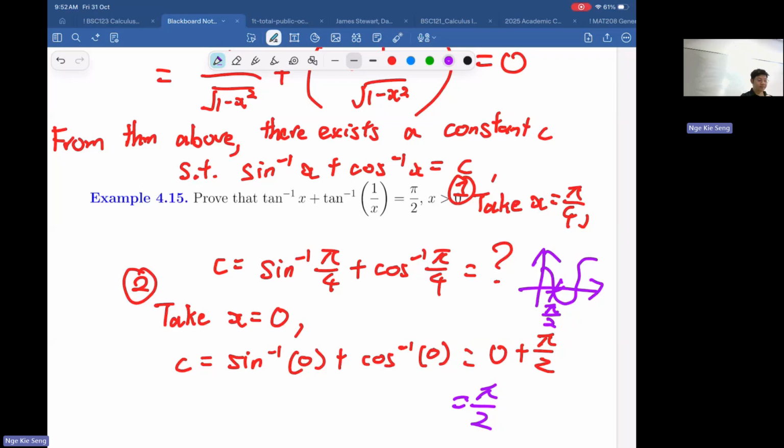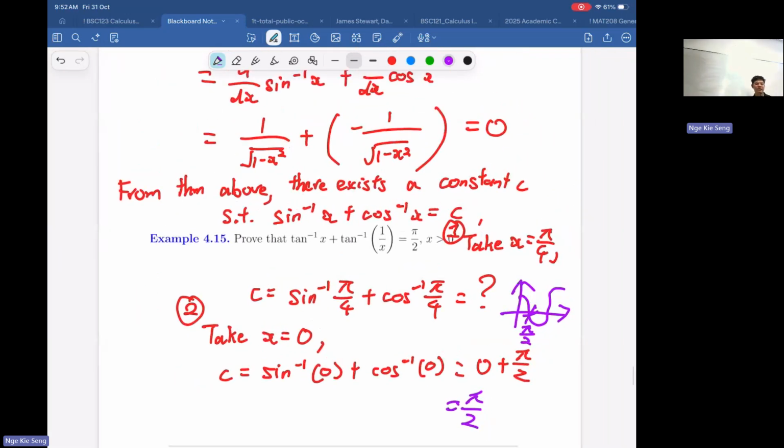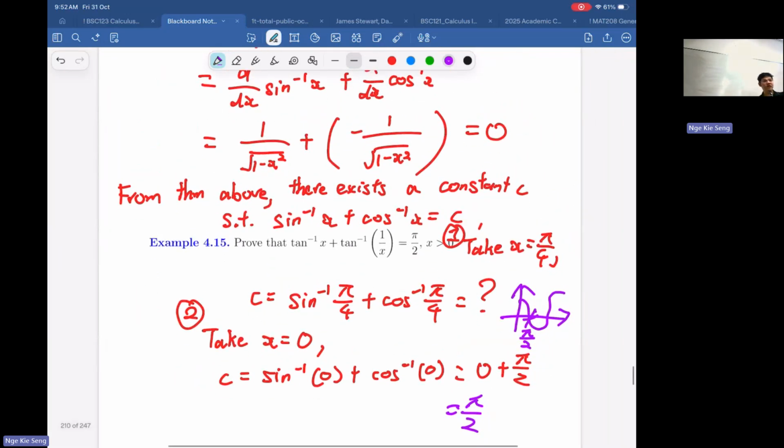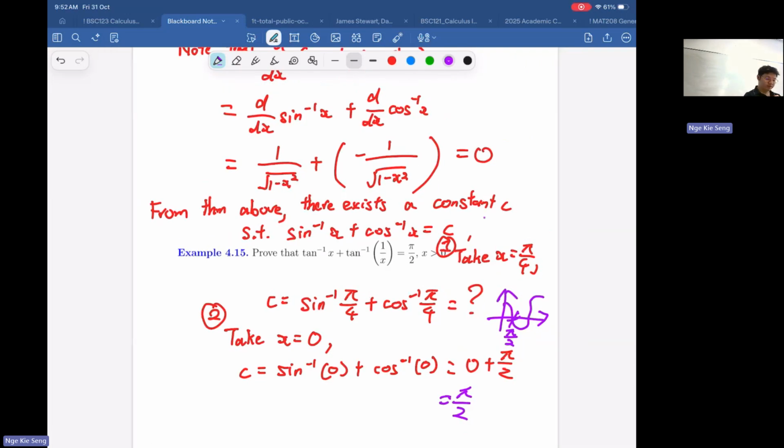Okay, then we are done. Because we know that this function is constant, you just evaluate at any point, and you can fix this c.